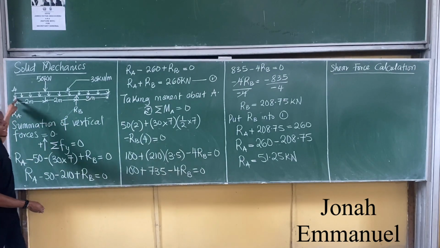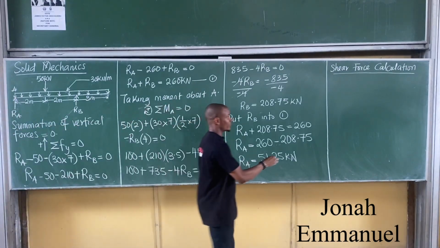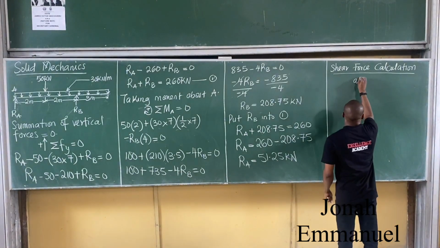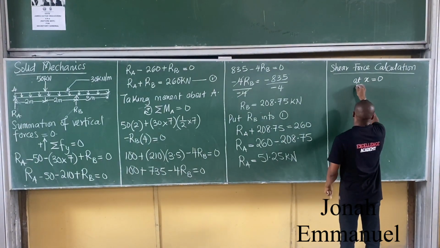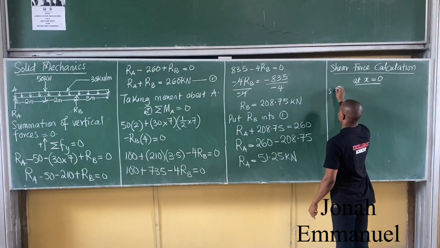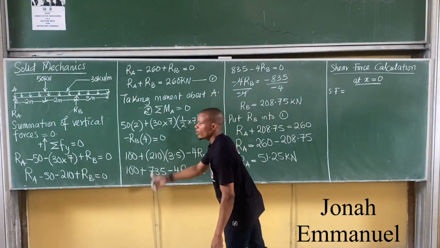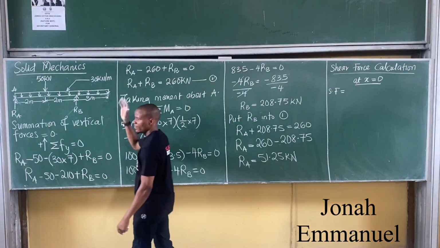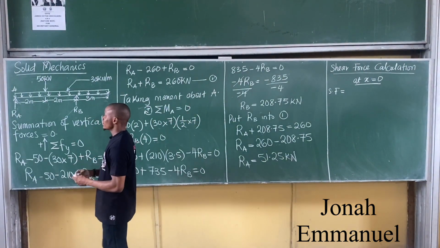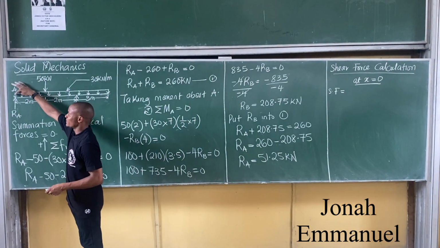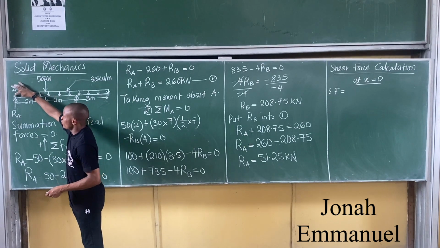So starting from here now, at X equal to 0. We said the idea of shear force is very simple, right? What's the idea there? If the force is going upwards, it should be positive, that's all. So at X equal to 0, that's the beginning of this beam. At this point, what do you see?